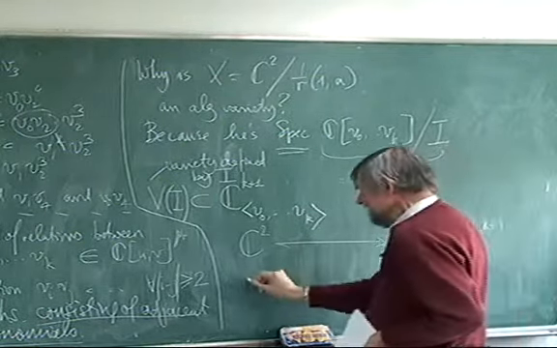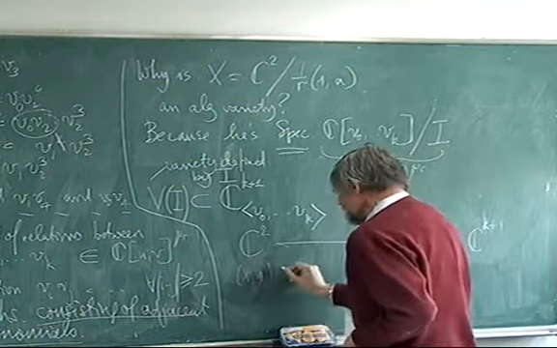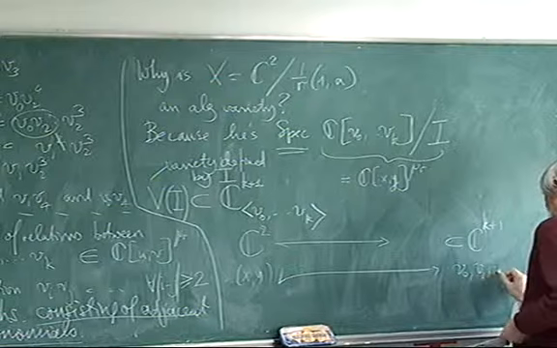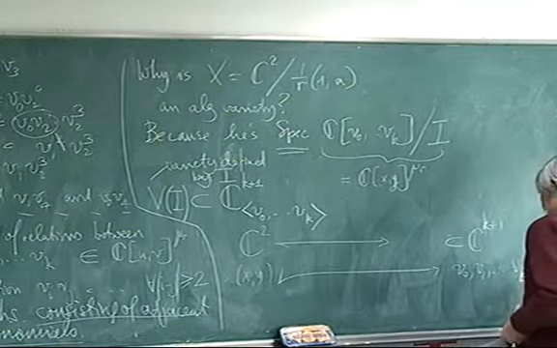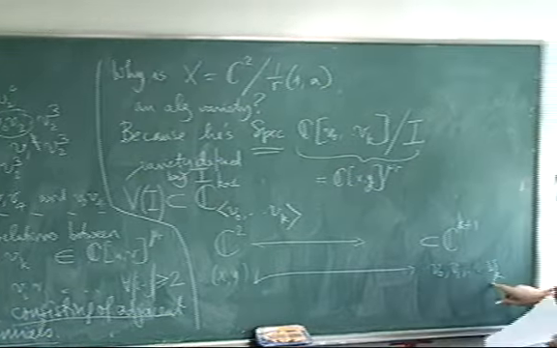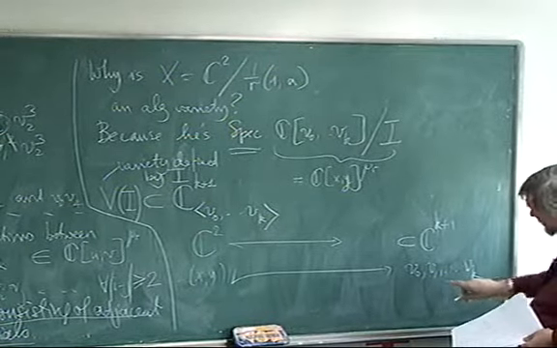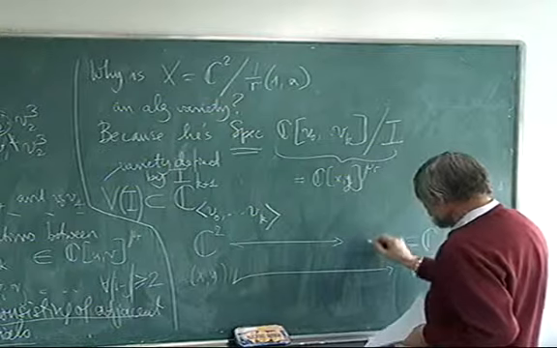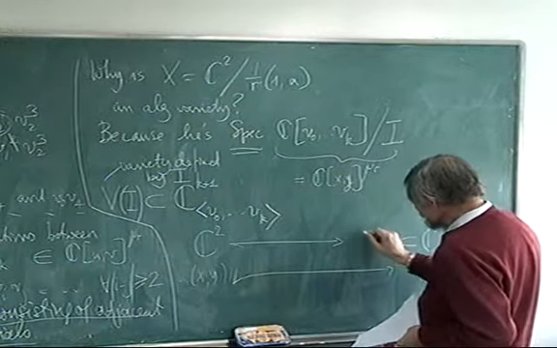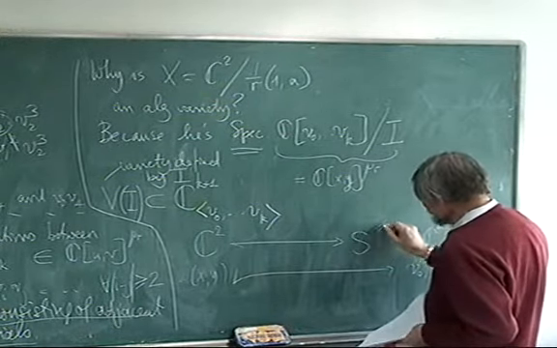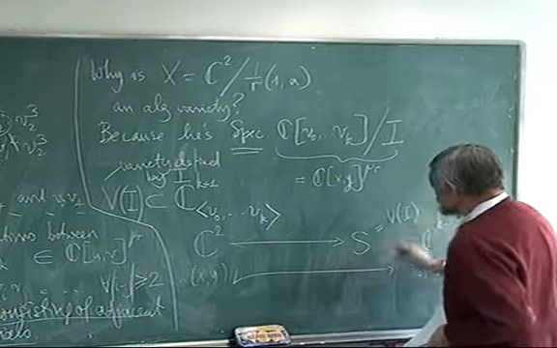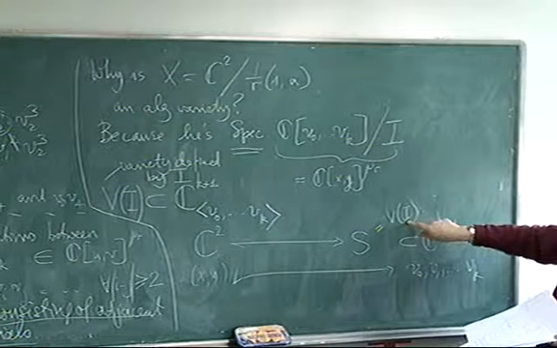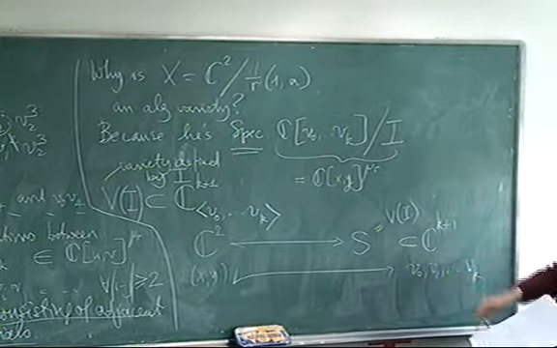I'm taking (x,y) and mapping them into V0, V1, up to Vk. These are just polynomials, just monomials in the x's. And the image here, let me write S, this is V(I). The image is certainly contained in the variety of I here.